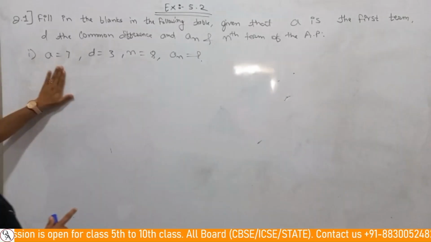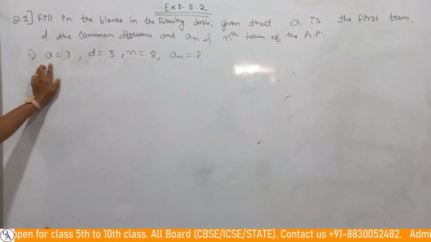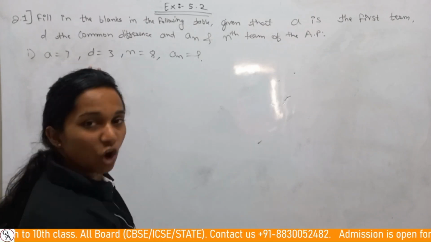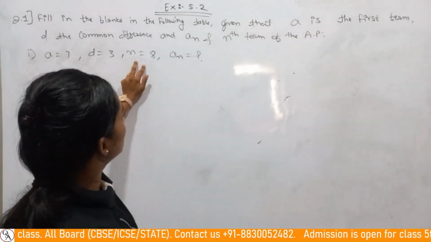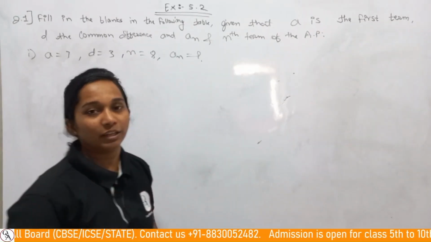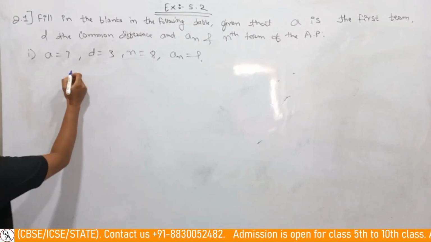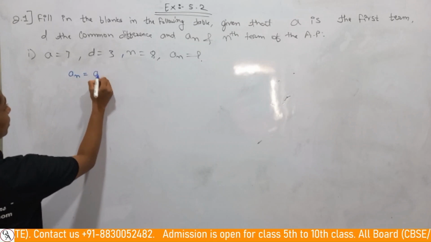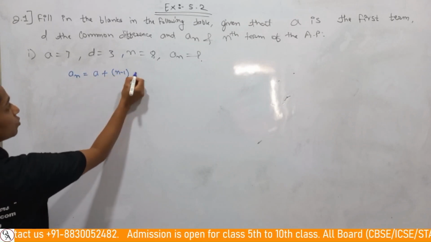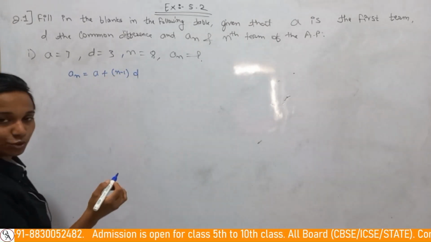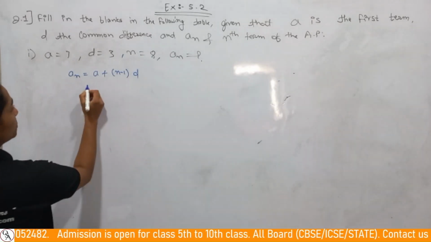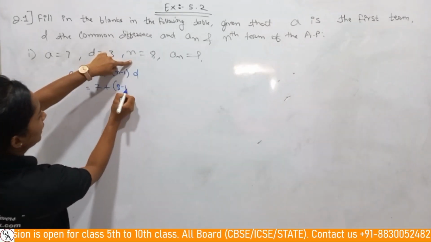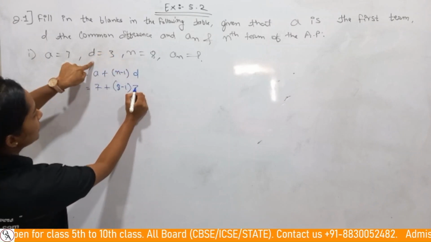In the first question they have given a equal to 7, which is my first term. d is my common difference, which is 3. n is 8, and I have to find out the nth term. So students, we are going to use the formula a_n = a + (n - 1)d. Substituting all the values: a is 7, n minus 1 is 8 minus 1, d is 3.